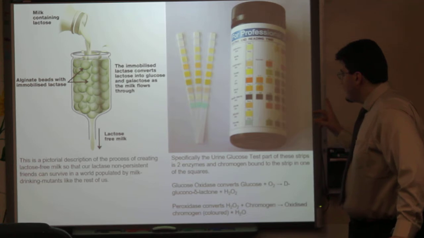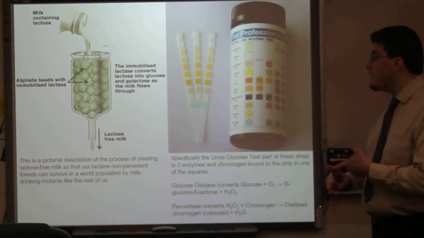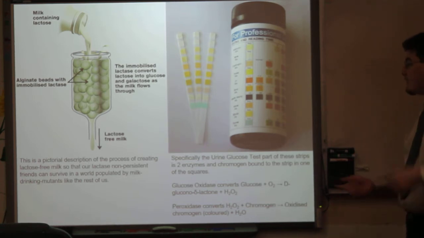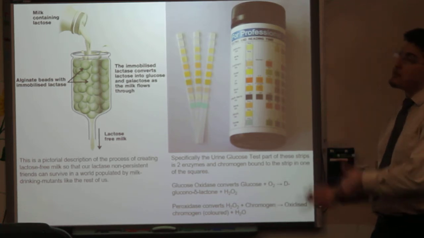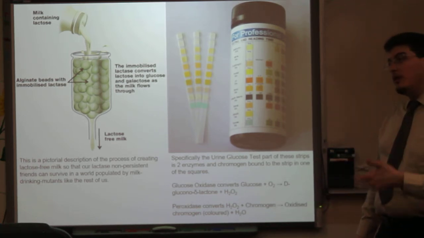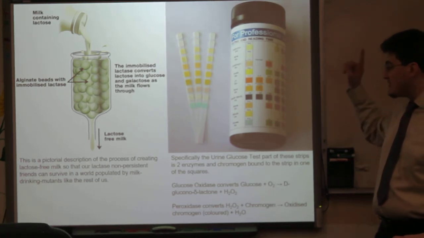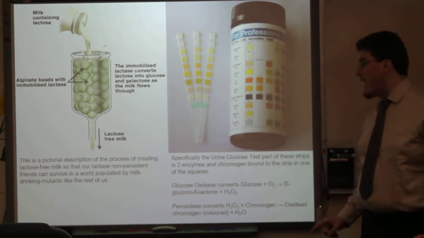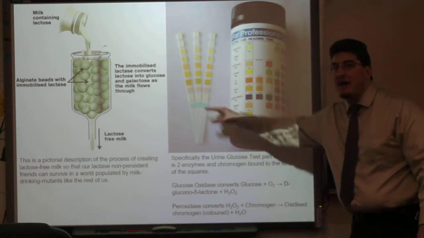Now, the entire point of this is you have immobilized glucose oxidase, which converts glucose and oxygen from the atmosphere into D-glucono-delta-lactone and hydrogen peroxide. The D-glucono-delta-lactone is going to be useless by this point, but the hydrogen peroxide is going to interact with the peroxidase enzyme, which is also bound to this pad right here.